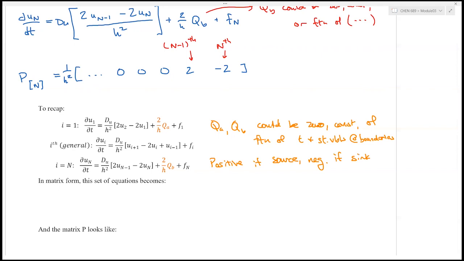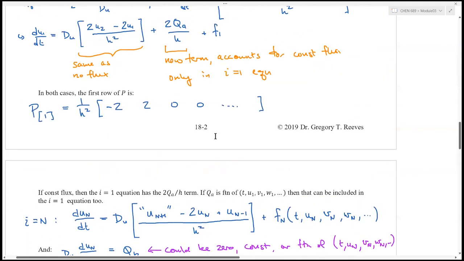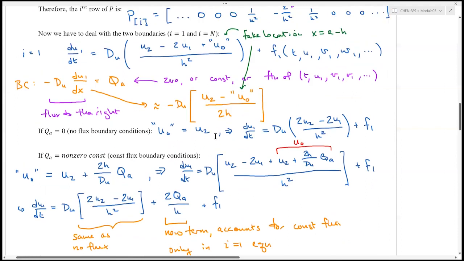And we set the boundary conditions up specifically for that reason. If I scroll back up to my boundary condition for the left side, it had a minus in front of the flux. And so this is the flux to the right. So the flux to the right, if this is a source, is positive. So Q_A will be positive, and this flux to the right will be positive if you include the minus sign. And that's because, if I can draw this really quick, I don't have a whole lot of space here.